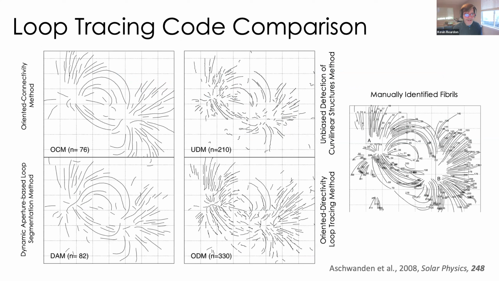OCCULT-2 is one loop tracing code. There are several other ones out there that have been developed. This was a survey, a comparison done back in 2008, comparing a variety of different methods, all similar in trying to identify segments of these loops based on different aspects of what's considered fundamental, whether it's the curvature, whether it's their intensity variations.